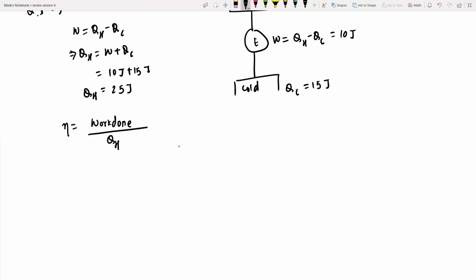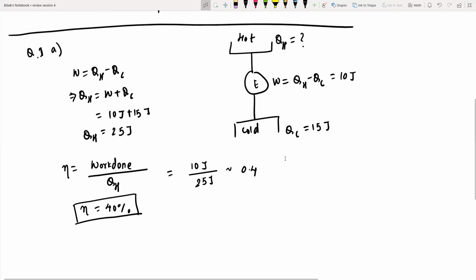Your work done is, in this case, 10 joules, and your QH is 25 joules. So this is about 0.4. If you want to write it in percentage, it's about 40%. Okay, so that's the efficiency of this heat engine.